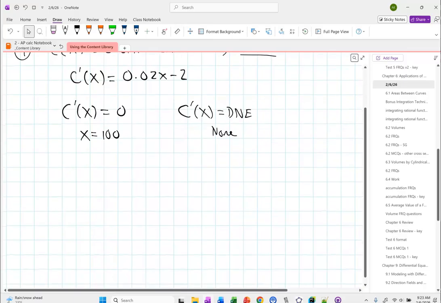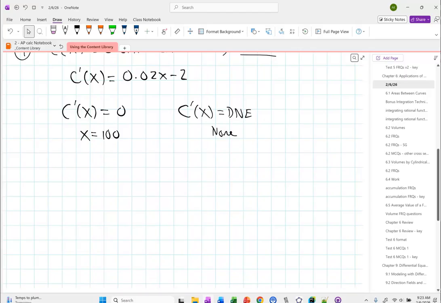Before I do that, I'm going to do a quick check to make sure 100 is a maximum or minimum. So you could do, to check that, either a first or second derivative test. In this case, this thing is so easy to differentiate, I would do a second derivative test.